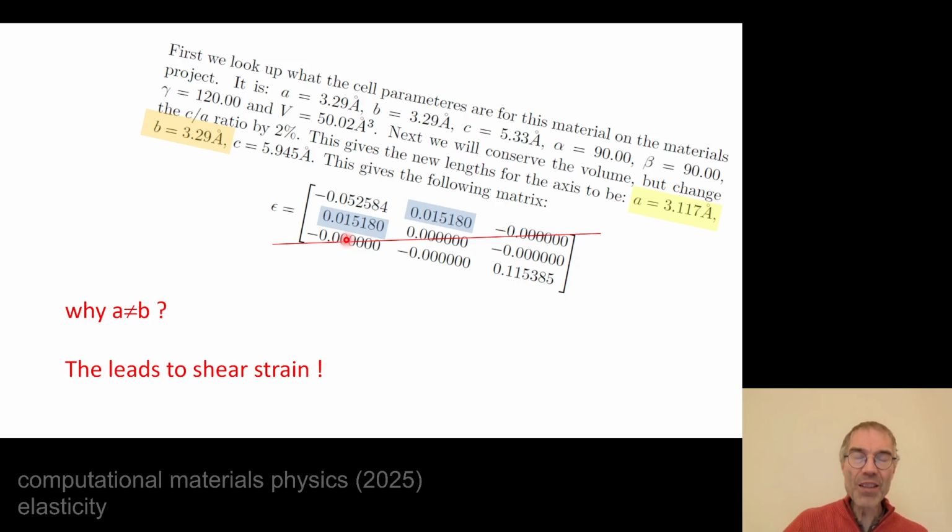So by that particular deformation, where the C over A ratio is changed and the volume is kept constant and nothing else is done to break the symmetry of the crystal, you should end up with a hexagonal crystal, so A equals B, and that was not the case here.